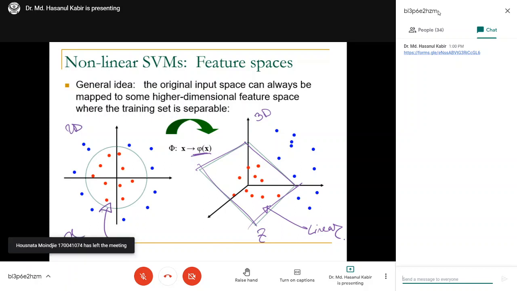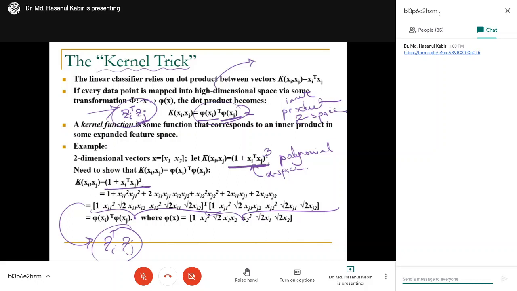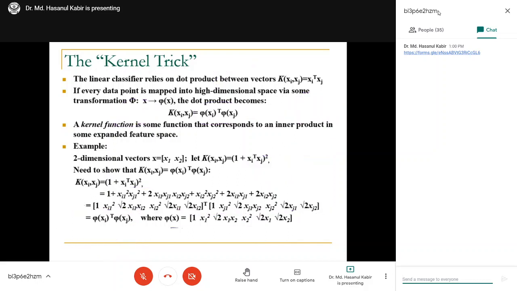Is it linear? No, sir. And why was it non-linear? Because in the X space, you had to compute phi of x, then take its transpose times phi of x, and the definition of this phi function had to be something like this.